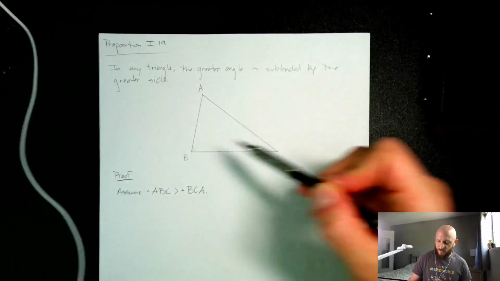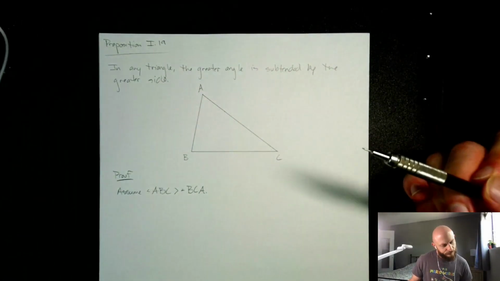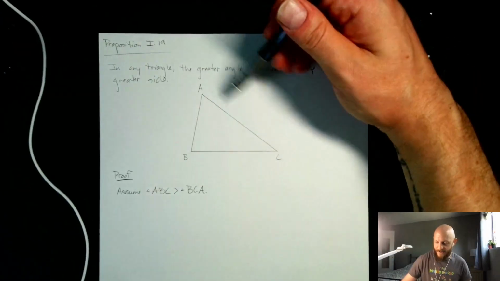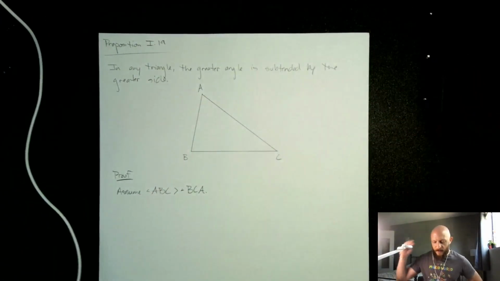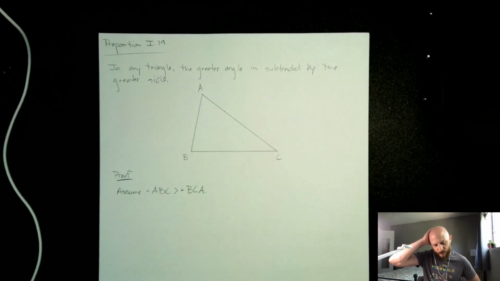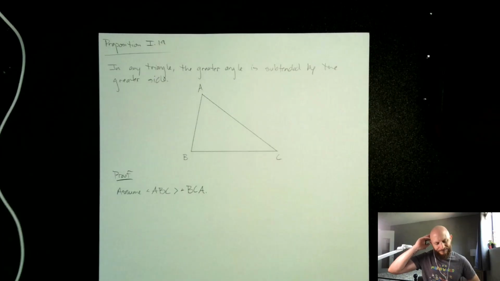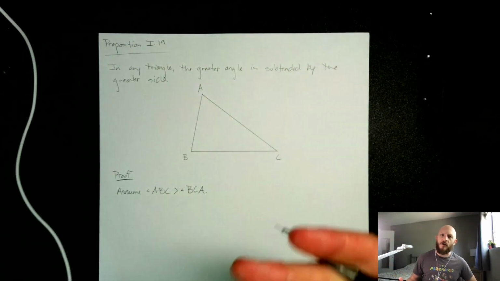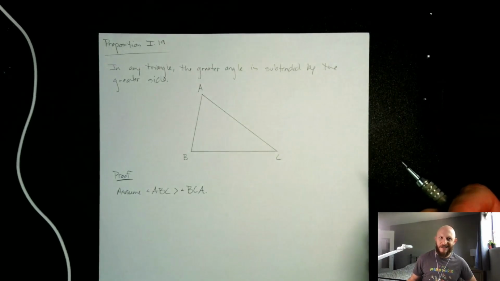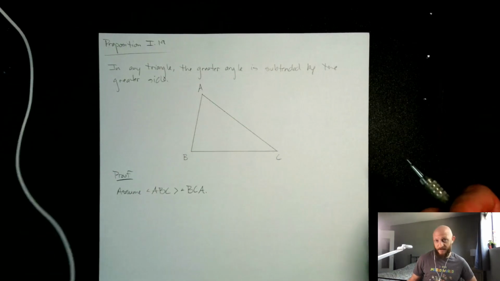So ABC is greater than BCA. All right, so what we need to show is that side AC is longer than AB. And it's an interesting argument. It feels like a contradiction argument, but I think it's maybe more appropriately a pigeonhole argument.